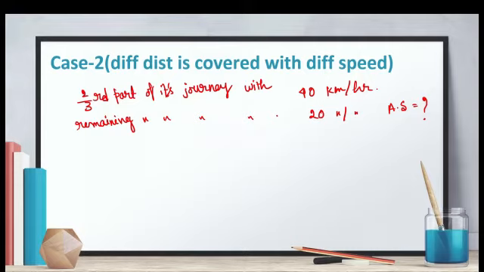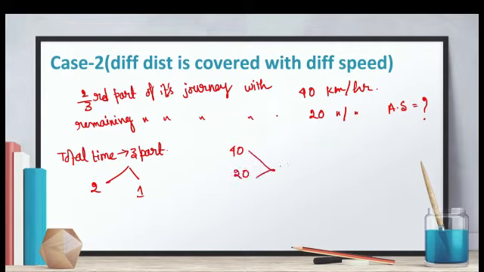So if total time is 3 part, then first part is 2 and remaining part is 1. Now as usual we will take the LCM, that is 40 and 20. LCM will be 40 and we will find the timing. Timing will be 40 upon 40, that will be 1, and 40 upon 20 will be 2.